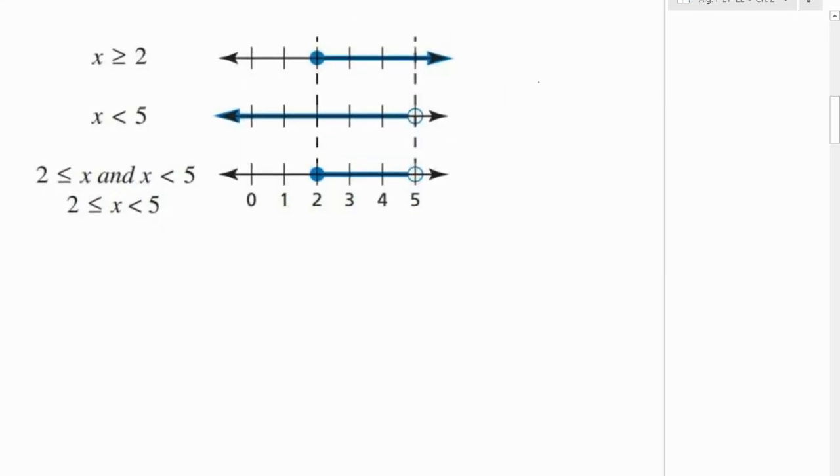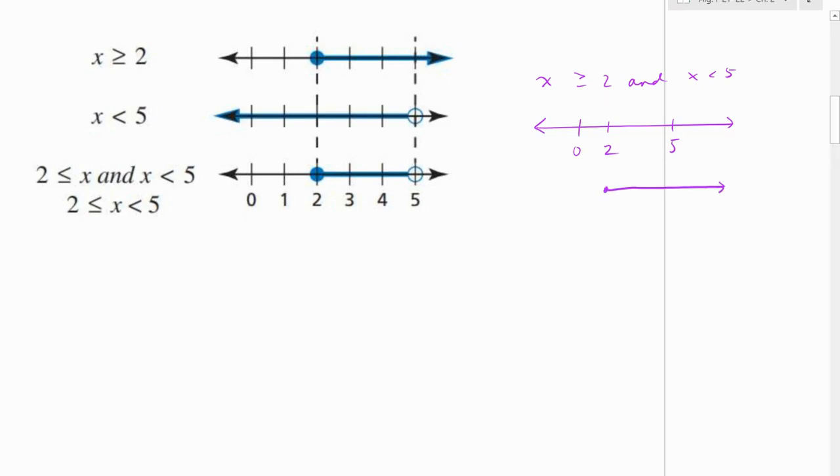If we're saying x is greater than or equal to 2, and at the same time, x is less than 5, what I'm going to do is draw a number line. I'm going to put a 0, a 2, and a 5. I just like a 0 in there to give myself a reference place. I'm going to graph the actual answer on the number line. I'm going to go down here below it and talk about these individually.